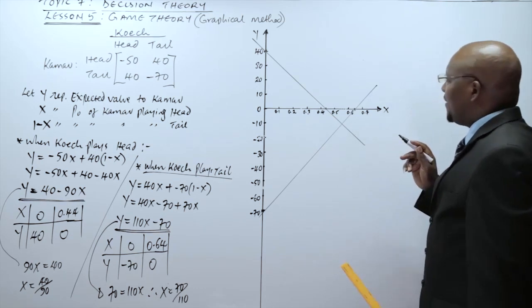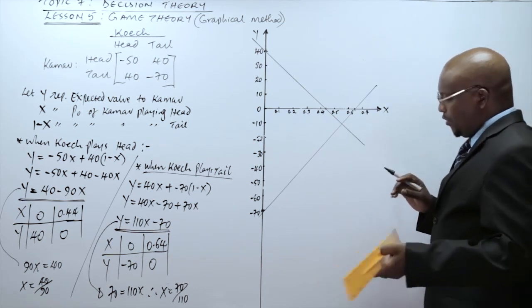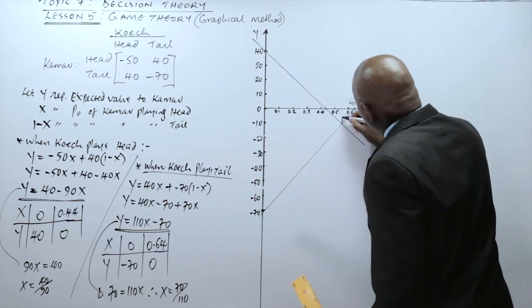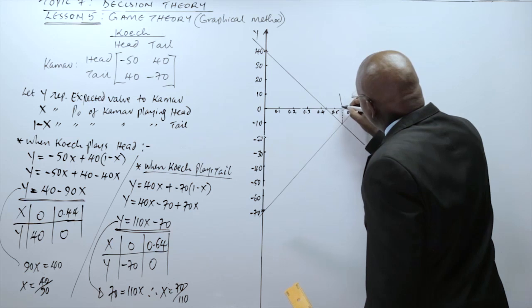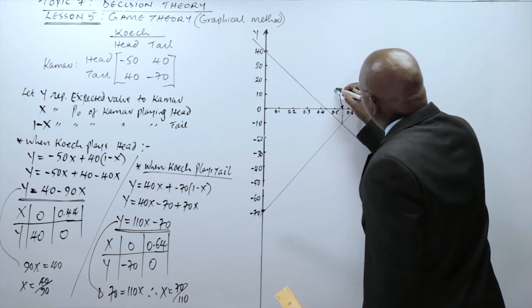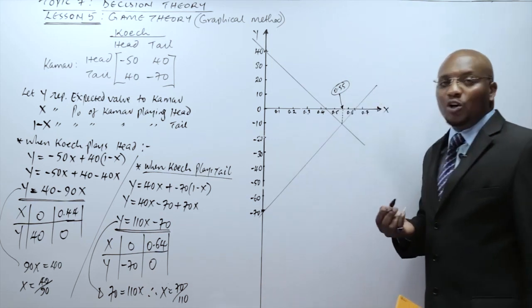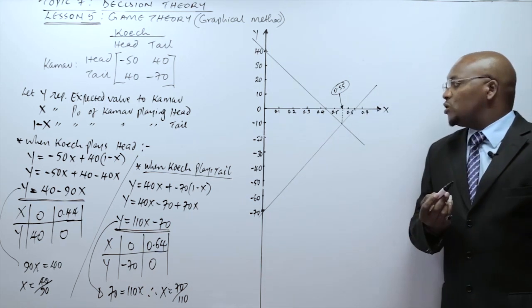And if we are accurate, then of course we'll find that as we draw up here, this shall give us 0.55. The answer we found as the probability of Kamau playing head was 0.55.